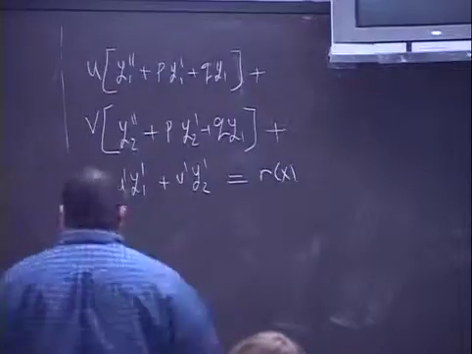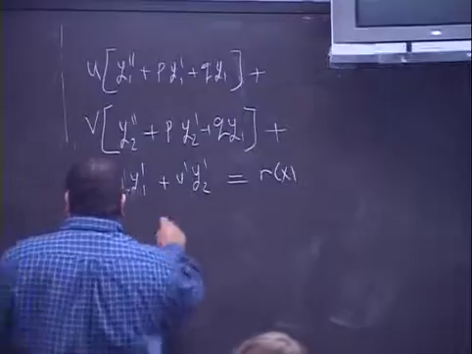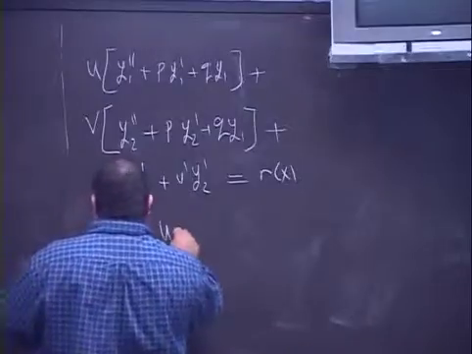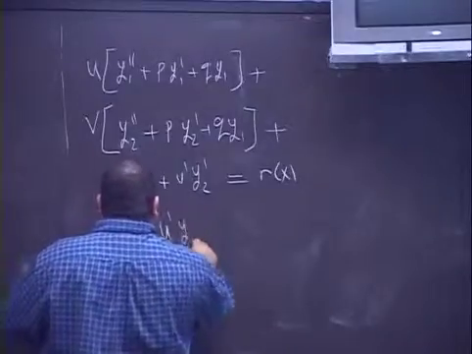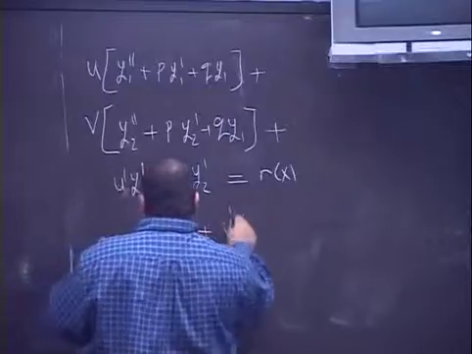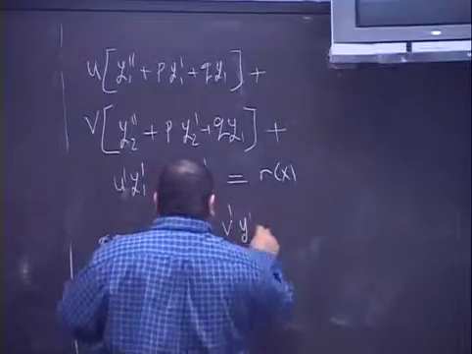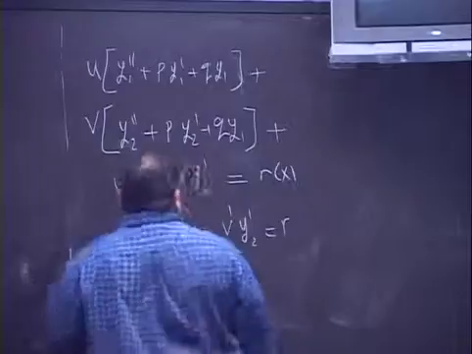Or you will reduce it to u prime y1 prime plus v prime y2 prime equal to r.